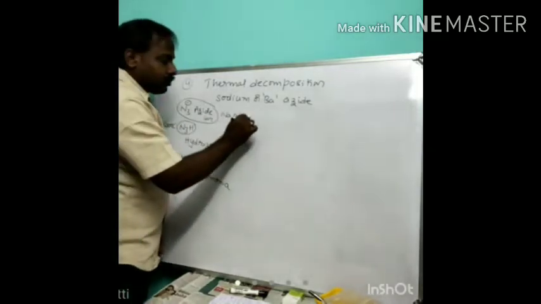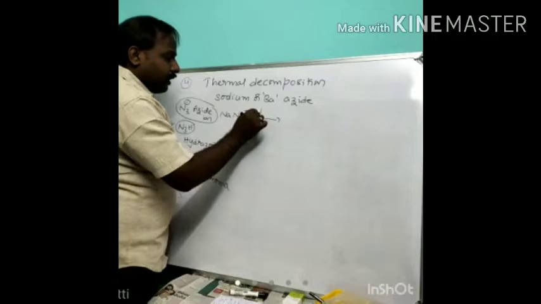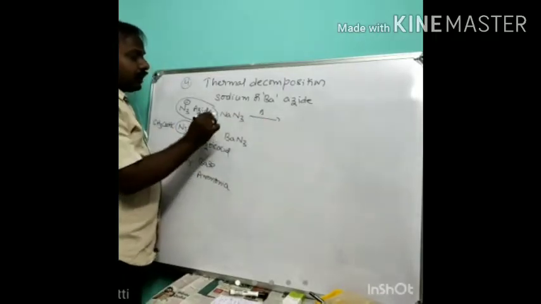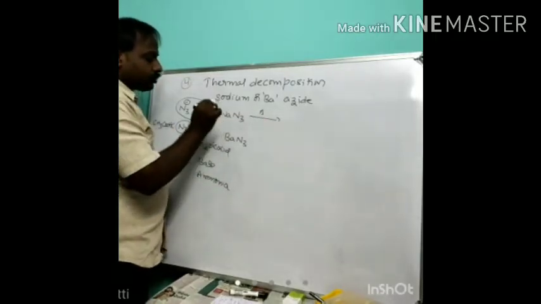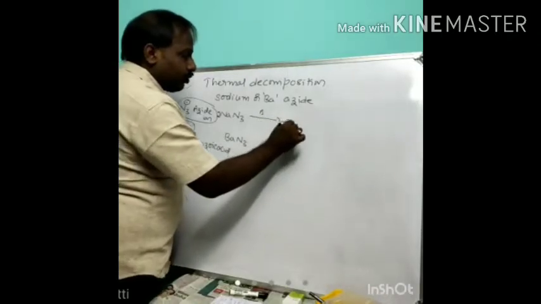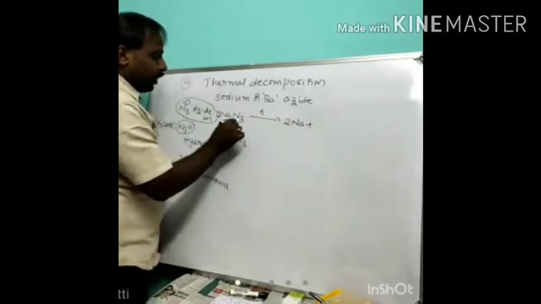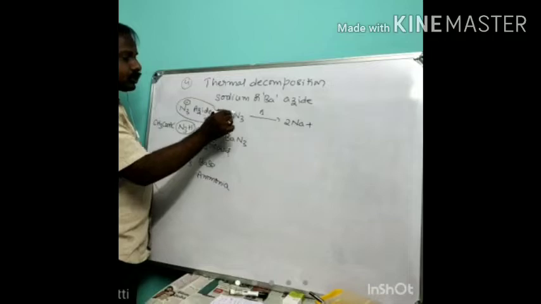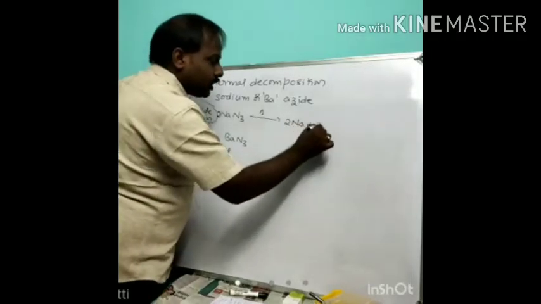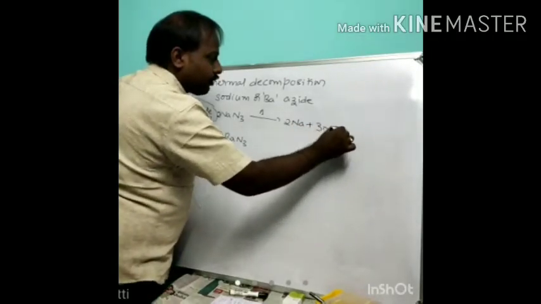Now, when this sodium azide is subjected to heating, if you take 2 moles, you will get 2 moles of sodium along with 3 moles of nitrogen gas.